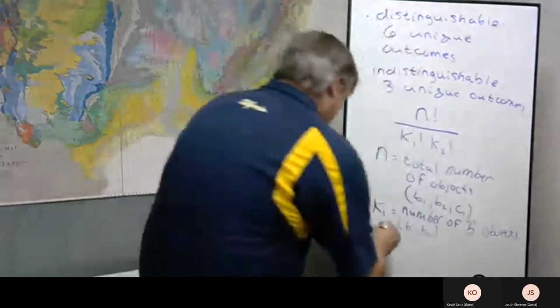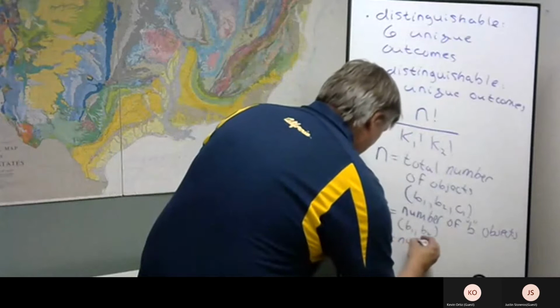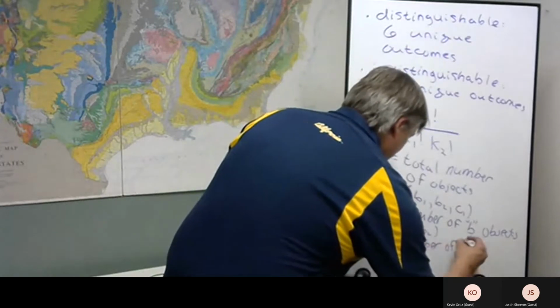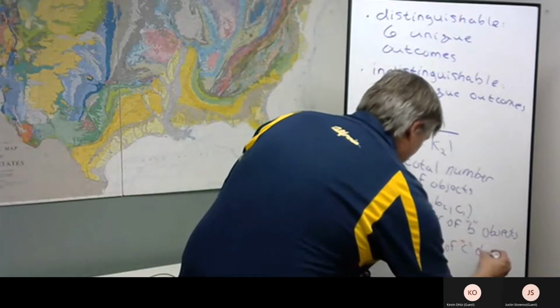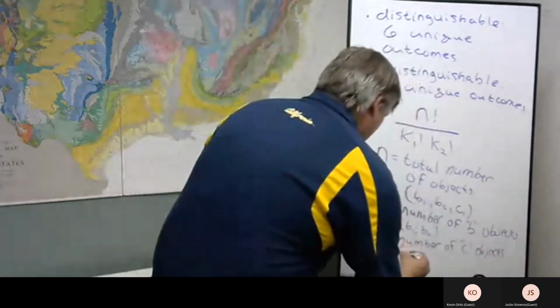And then finally, K2, it's the number of C objects. There we go. That was just C1.